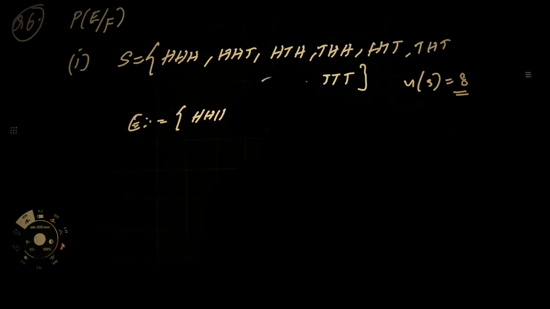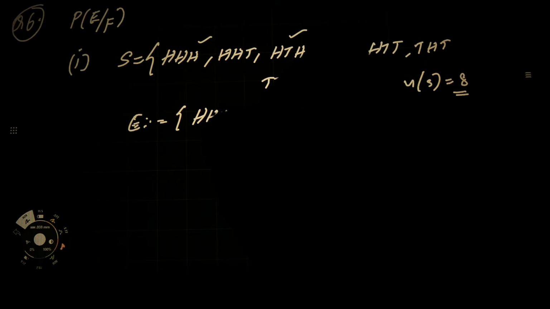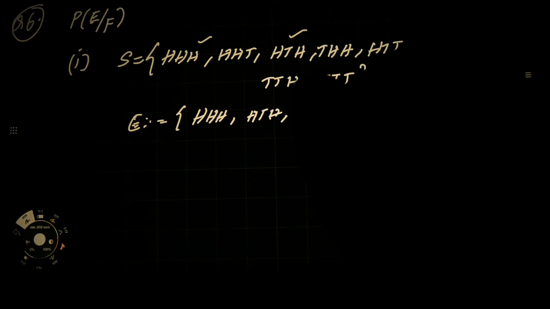Head on the third toss means you have this one, H, T, H. Here also there is a head on the third toss, T, H, H. Anything else? No. So there are 3 possibilities for E.